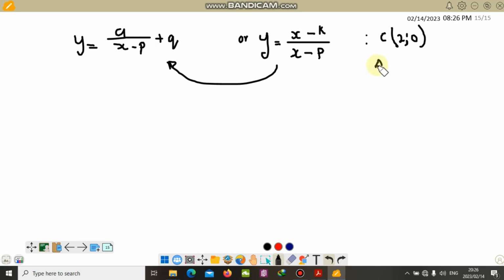So the point where the two asymptotes intercept is going to be the coordinate, let's say 1 and q. So it's 1 and q. So we know 1 represents p. So it's p and q, but the value of q we are given is 1.